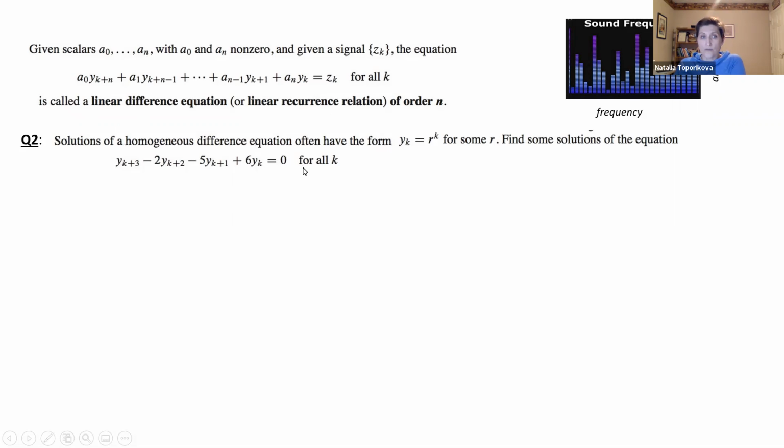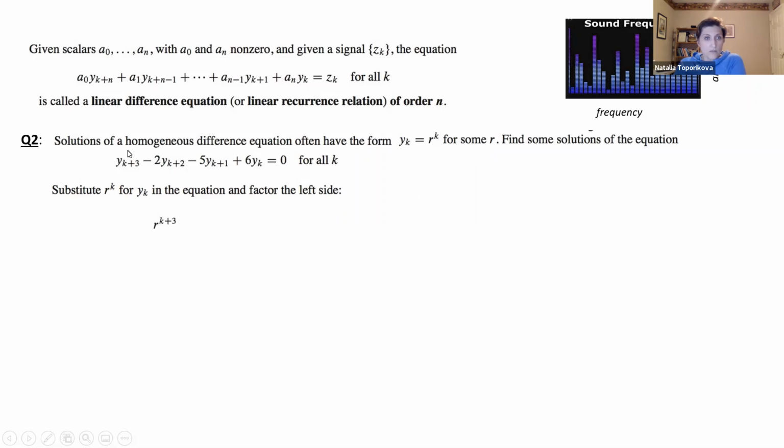A lot of linear difference equations have a solution in this form. All we need to do is find a specific number for our parameter r. Let's substitute r to the power k and see where it leads us.